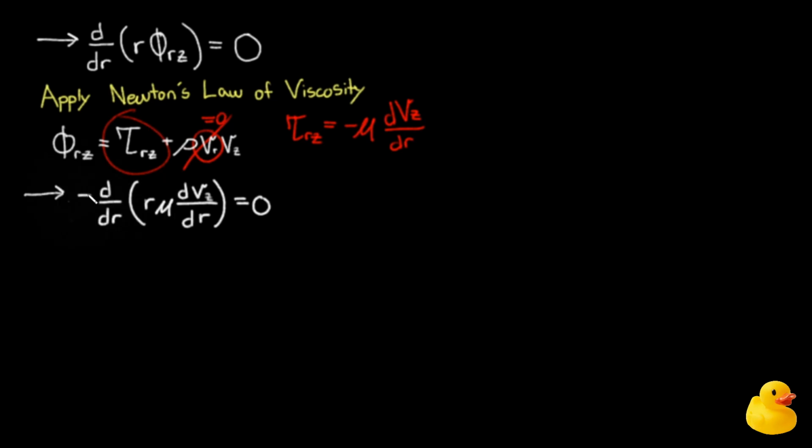Now, I moved the negative outside, but we can also move the viscosity outside as well because it is constant, and that was based on our assumptions. So now we have this, we can multiply both sides by a negative viscosity, so this will just go away. And so we're going to be left with this.